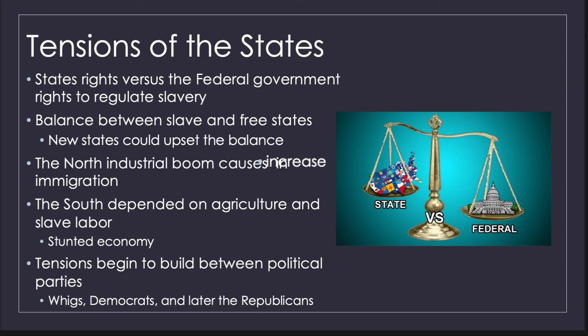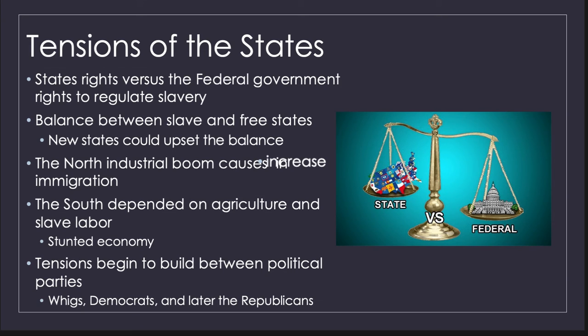For years, we have had a balance between the slave states and the free states in Congress. As we expand west and we start to add new states to the Union, that balance could be upset. Now, the reason that balance is so important is if we get one more slave state added to the Union, that means they get representation in Congress.